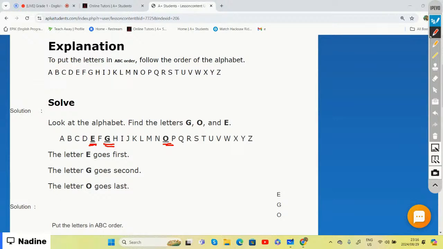And if we look at the letters G, O, E, then E is the letter that goes first in the alphabet.